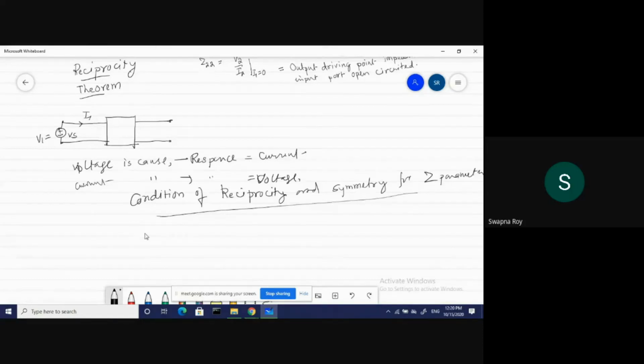What we have seen, the Z parameters are Z11, Z12, Z21 and Z22.